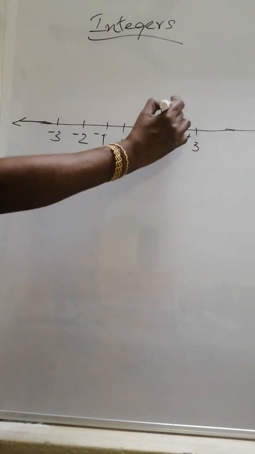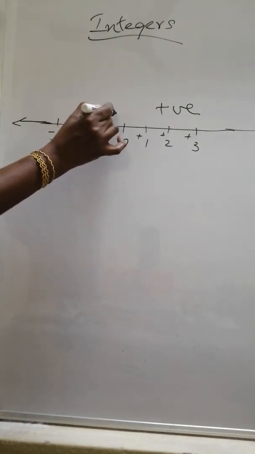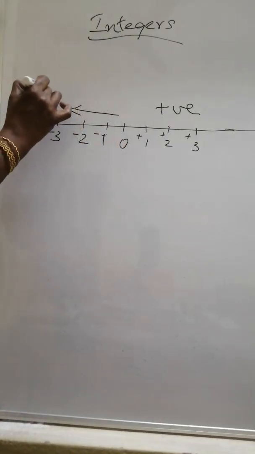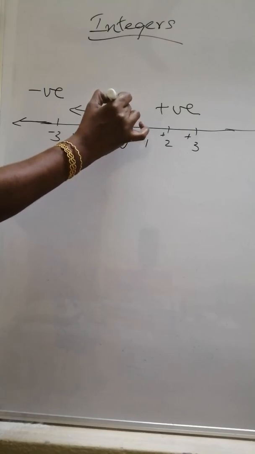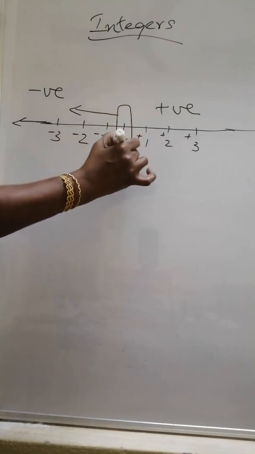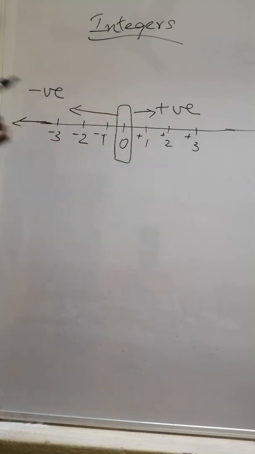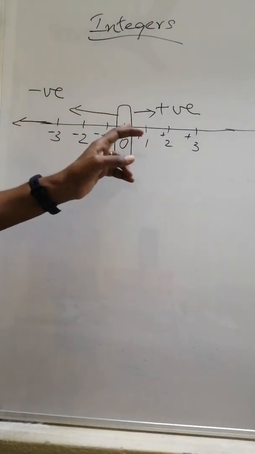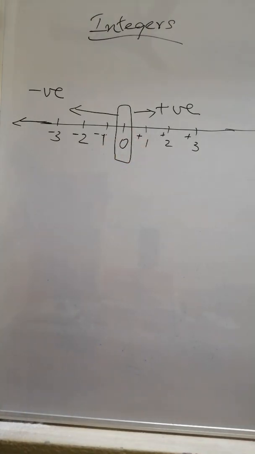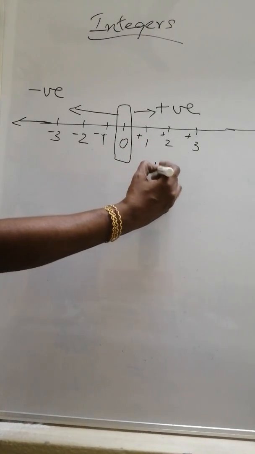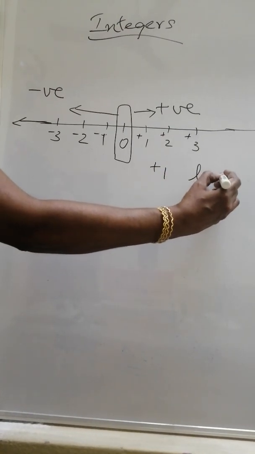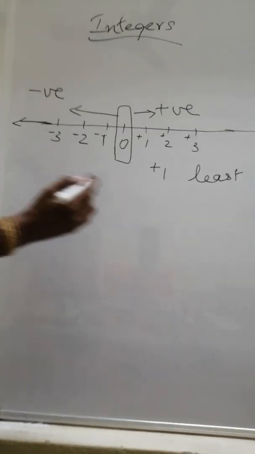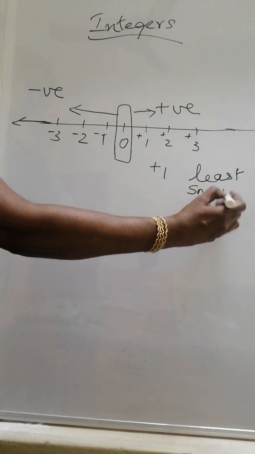To the right they are positive numbers and to the left they are negative. So this 0 is in the middle and to the right they are positive and to the left they are negative. Here, to the right, positive 1 is the least integer, smallest integer.